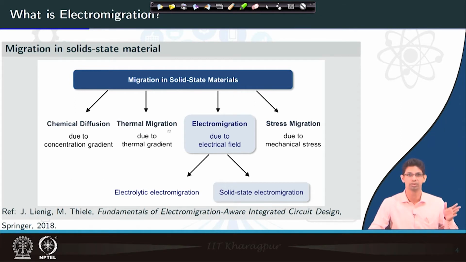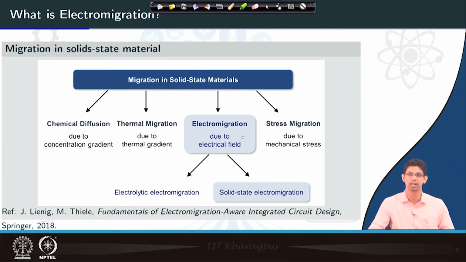Then, because of thermal gradient, there can be migration in the solid materials, and that is called thermal migration. Similarly, there can be a mechanical stress which is applied at one end of your interconnect or other conductor, and because of that, again there will be migration of the metal ions, and that is called stress migration. In this lecture, we are focusing on electromigration.